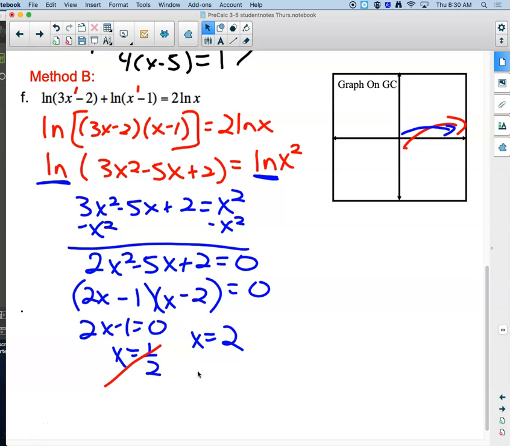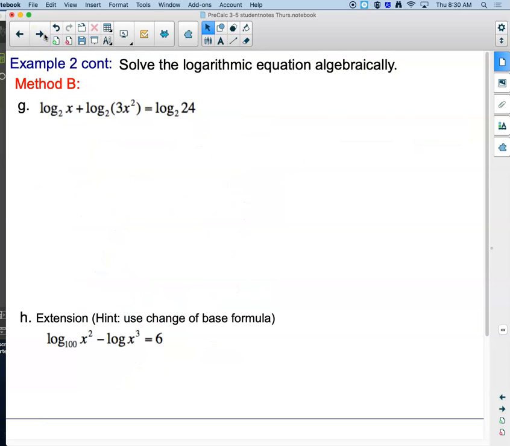All right, so checking it, always a good idea when we're talking about logarithms, but especially when we know how many solutions we're supposed to have, and we know that we're not getting that we have too many. Now, this says solve the logarithmic equation algebraically, and again, we're supposed to use method B. So with this one, taking a peek, and this one is a quadratic.